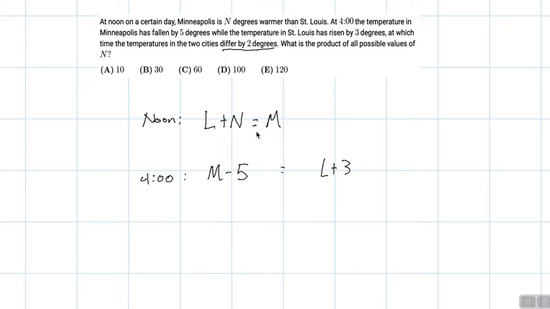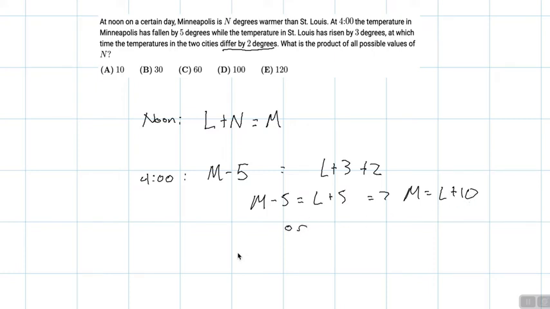So in one scenario, the temperature in Minneapolis is 2 degrees warmer than the temperature in St. Louis, so we need to add 2 here. And so we get that m minus 5 is equal to L plus 5. And simplifying that, we get that m is equal to L plus 10.